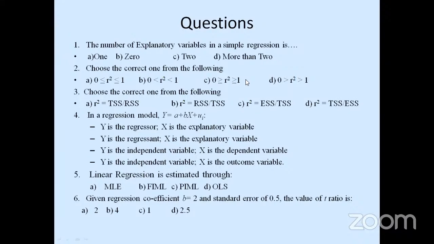The formula for the t ratio is b divided by SE. So 2 divided by 0.5, how much do we get? 4. So B will be the answer for the sixth question. They will change the values, but the question remains the same.